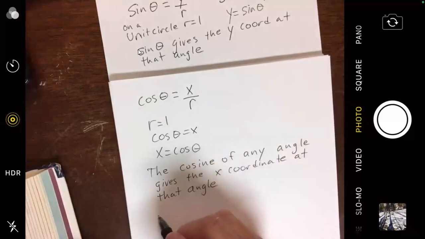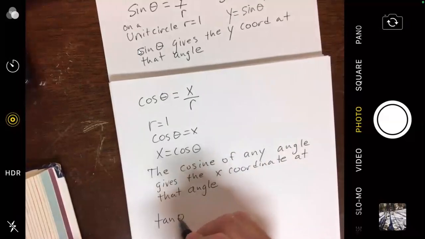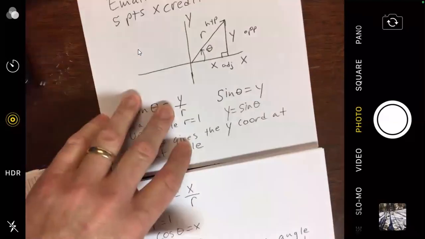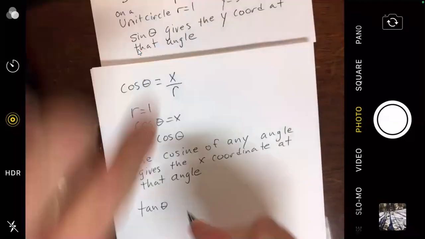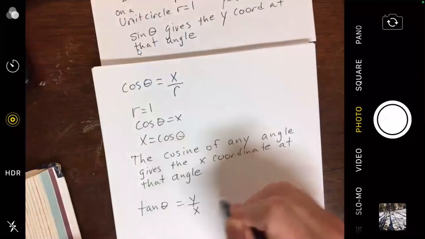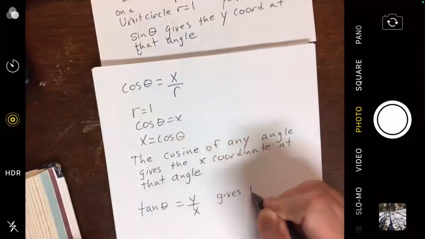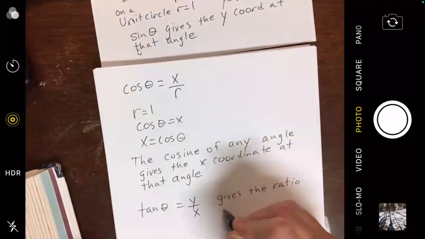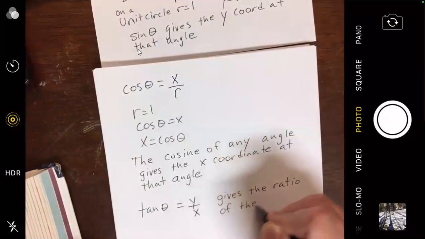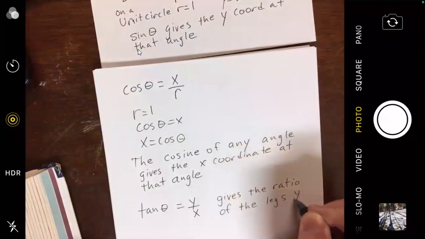Okay, and finally, the tangent of an angle, opposite over adjacent equals y over x, gives the ratio of the legs, y over x.